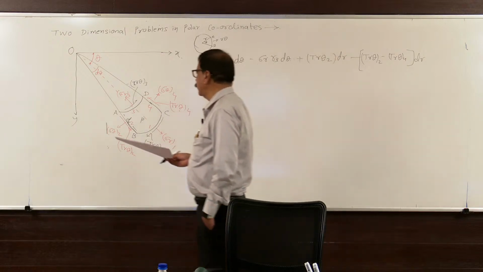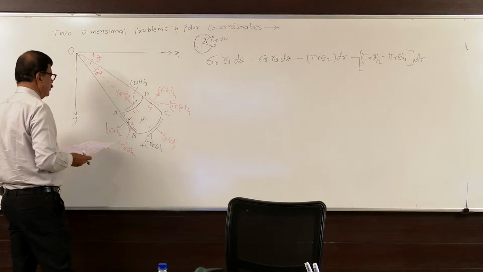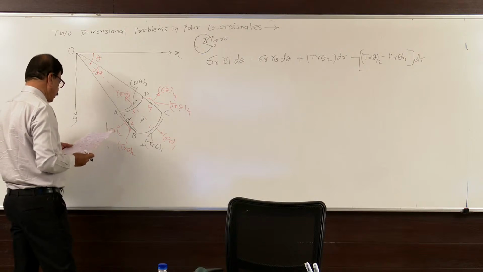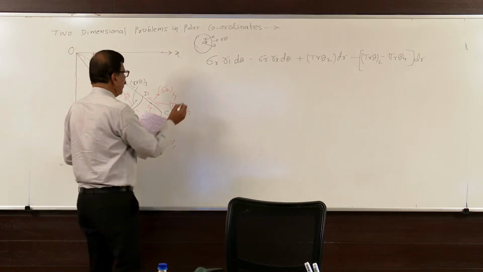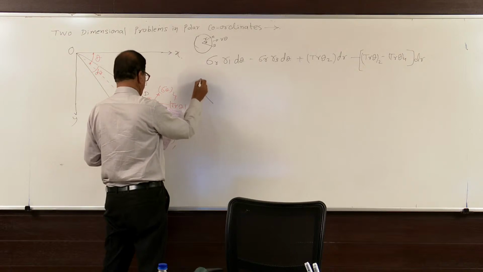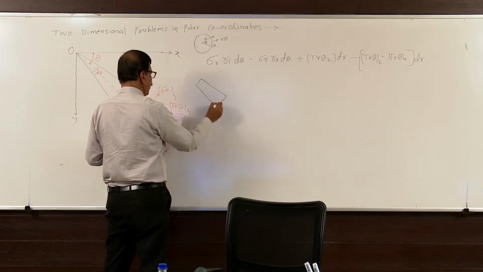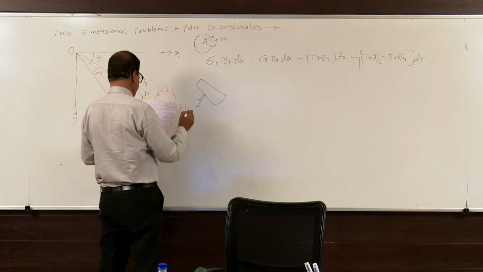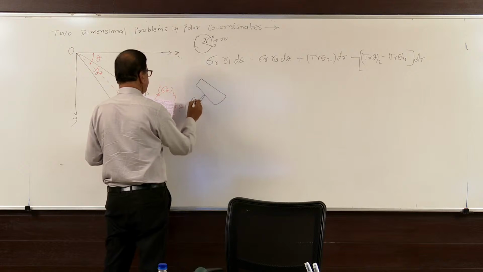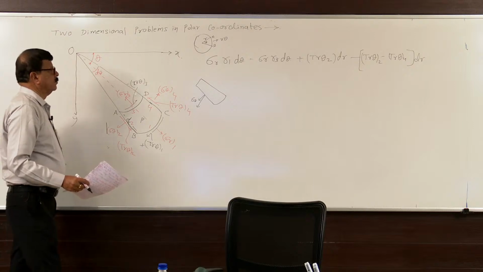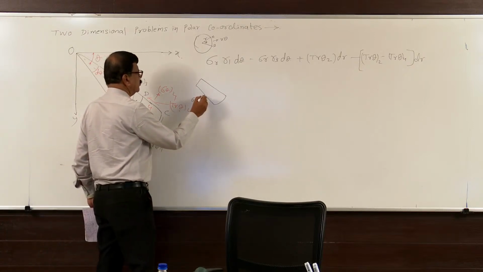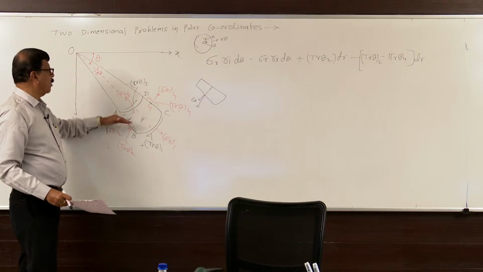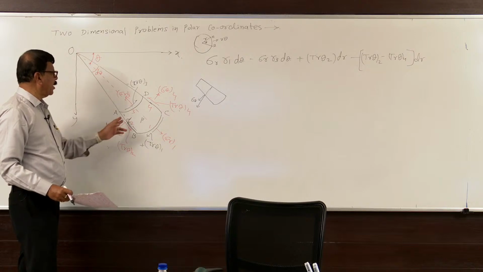Now d theta is on the inclined plane, so we will take its component, one component in this direction, another in this direction.